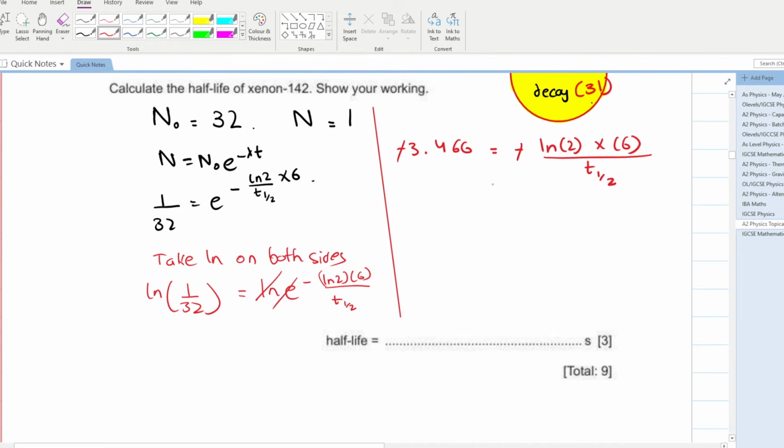This minus and minus will get cancelled out, so the half-life comes out to be ln2 multiplied by 6 divided by 3.466. Your half-life comes out to be 1.2 seconds. Simple as that. This is your answer for half-life.